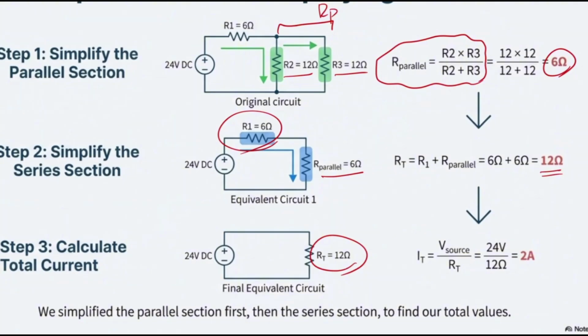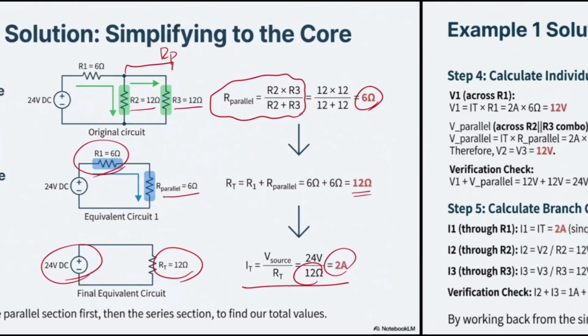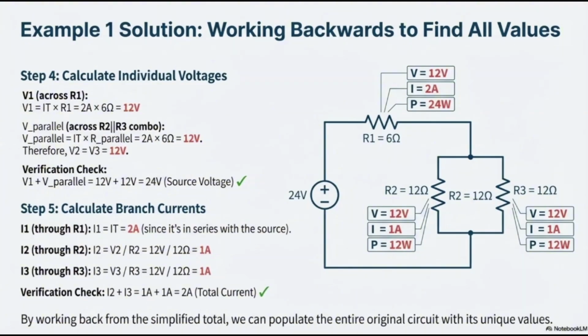When I do have the total resistance, I can find the I total easily. So I do have 24 volts divided by R total, which is going to be 2 amp, and I do have my first step. Now let's talk about the step we have to move back for, because the question specifically asks for the voltage, current, and power inside each of those components. So let's start. I do know about the 24 volt as my source voltage.